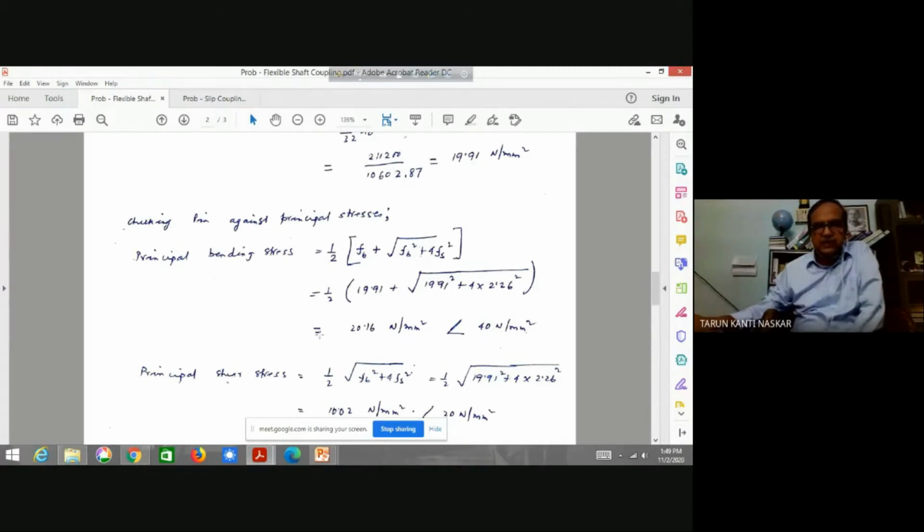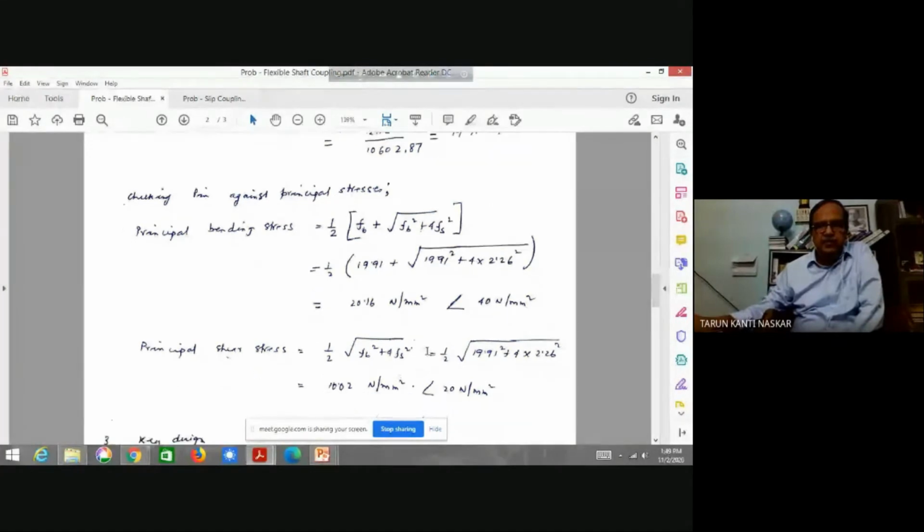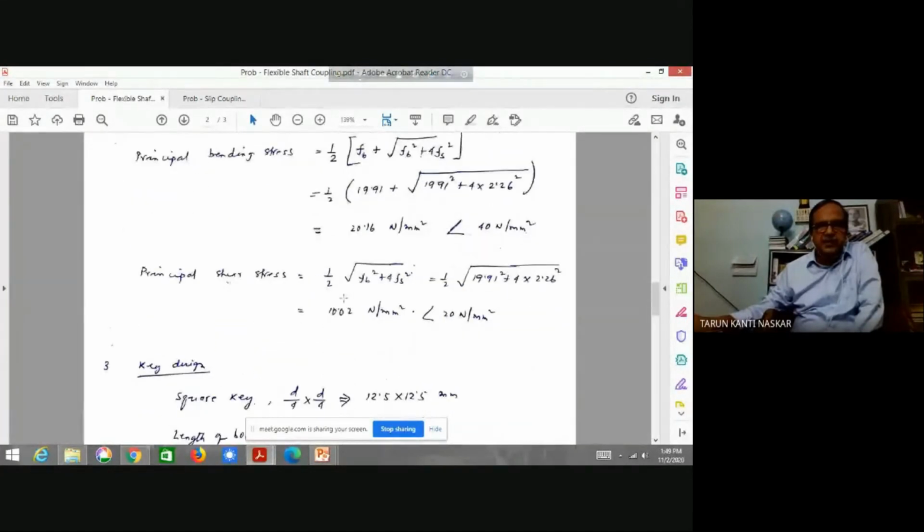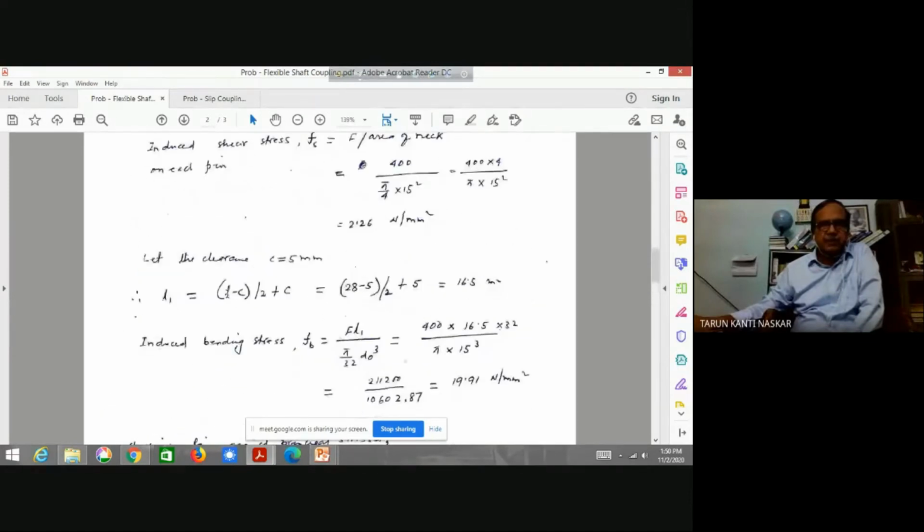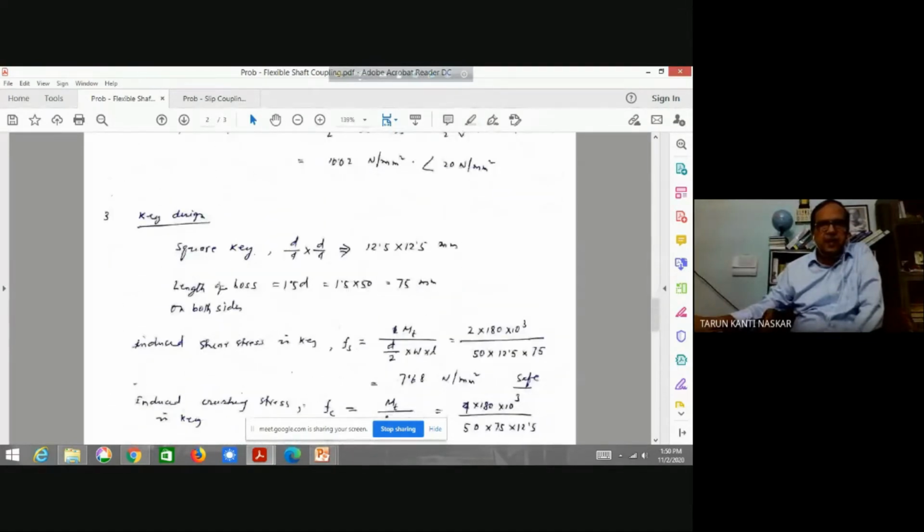So it is less than 25 Newton per millimeter square. And the principal shear stress is equal to half root over FB square plus 4 FS square, that is equal to 10.02 Newton per millimeter square, and that is also less than the given allowable stress. So the pin is safe against the load.